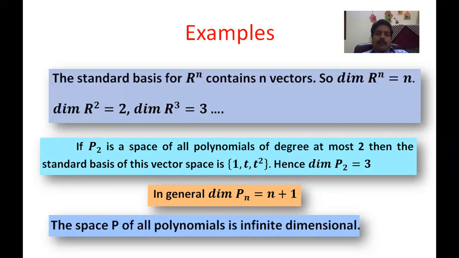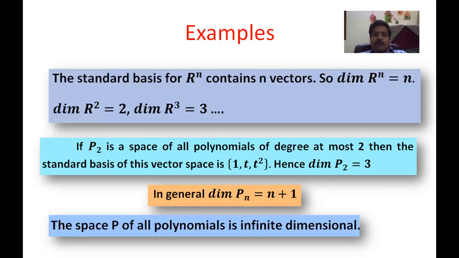The space P of all polynomials is infinite dimensional. In the space of all polynomials, you can take any n. n is not finite here.